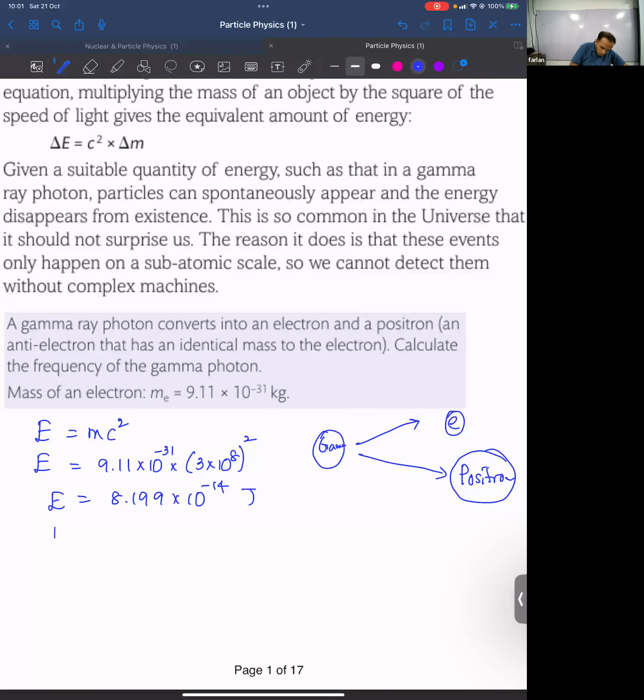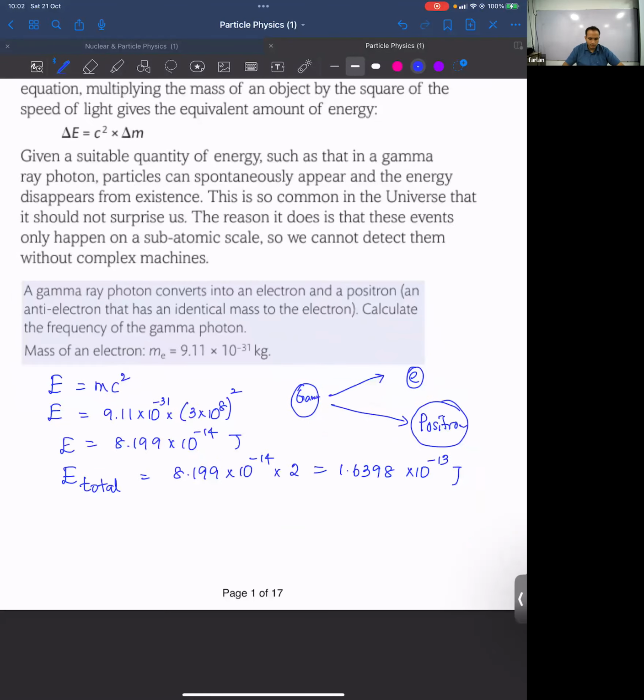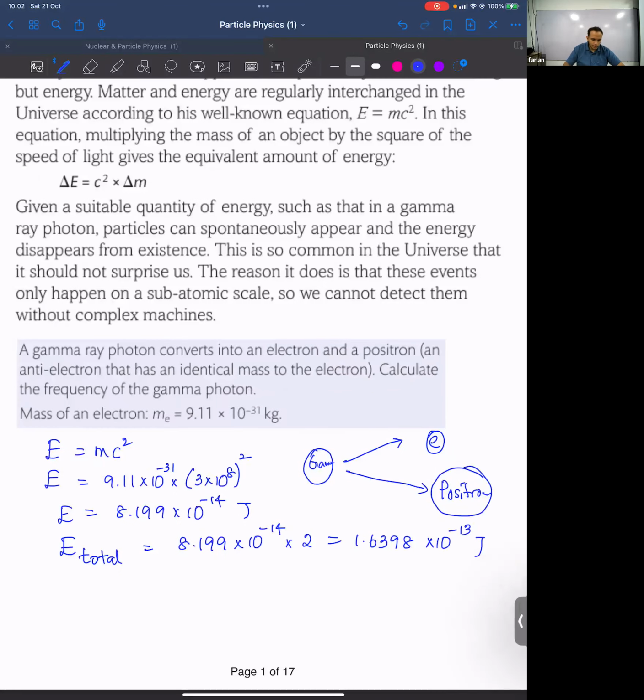So the total energy of the electron and the positron will be 8.199 into 10 to the power minus 14 multiplied by 2, 1.6398 into 10 to the power minus 13 joules. Am I right? This is the total energy of the electron and the positron.